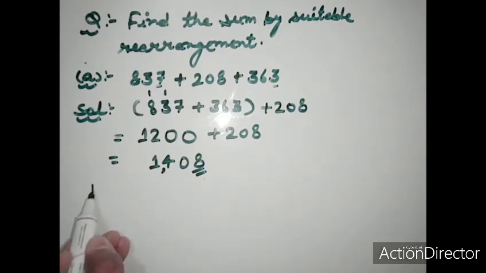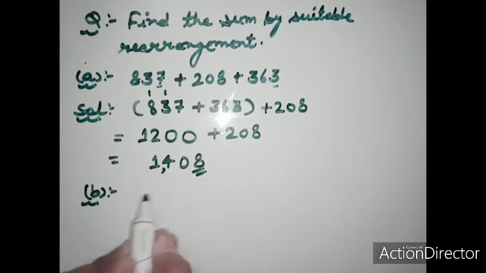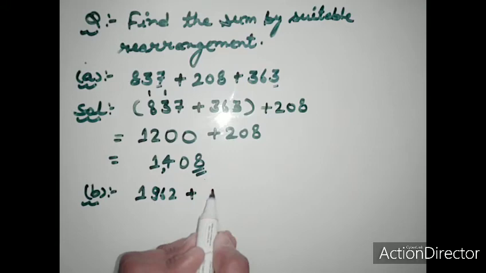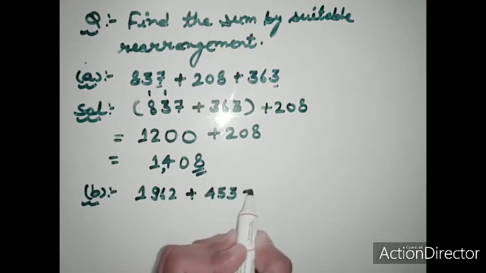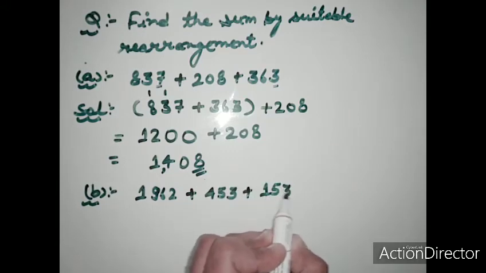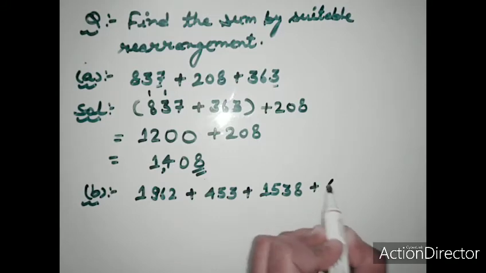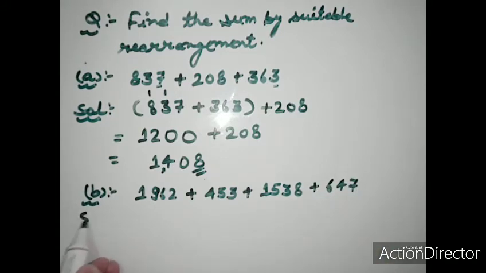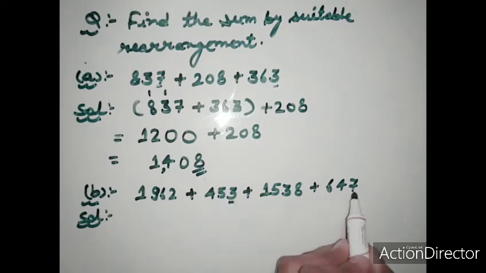Now we take another example here. Now here we have a total of 4 numbers, and we add all these numbers by using suitable arrangement, right? So now 3 plus 7 is 10.